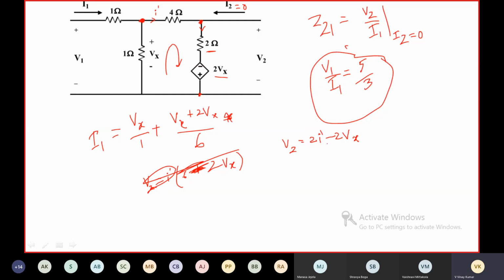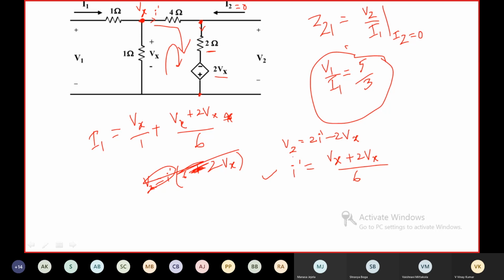Let us find I dash. What will be I dash? I dash is equal to (Vx plus 2Vx) by 6, because I dash is the current flowing through this, and Vx is the node voltage here.